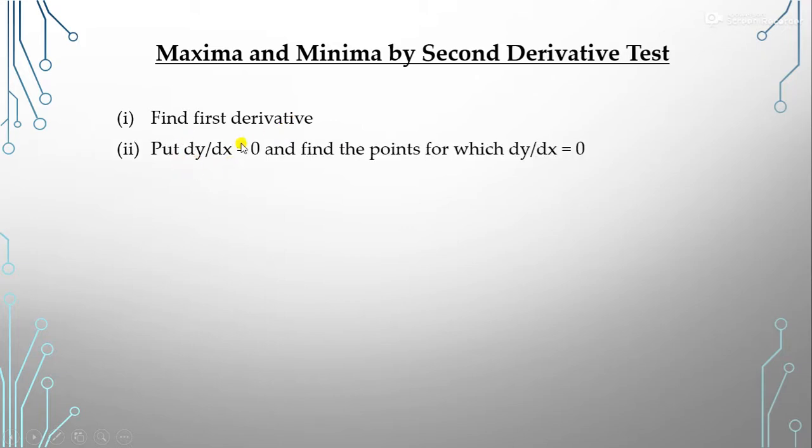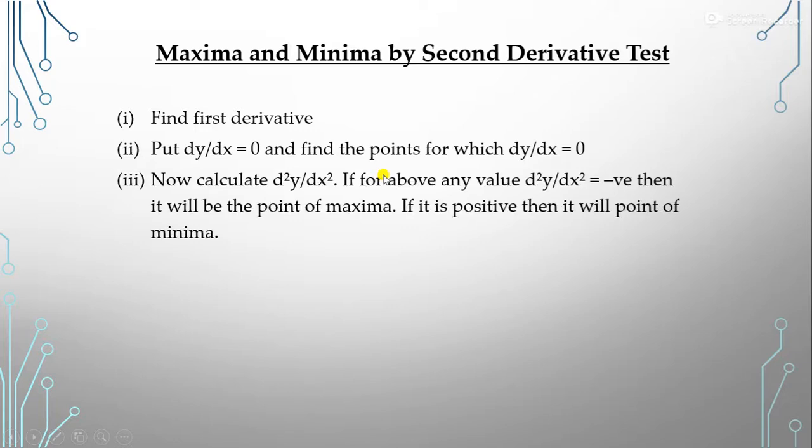Then you put this derivative equal to 0 and find the points for which dy by dx equals 0, meaning when you put f dash x equal to 0, you find some points, right? After that, you need to calculate the second derivative of the function, meaning you again differentiate with respect to x.